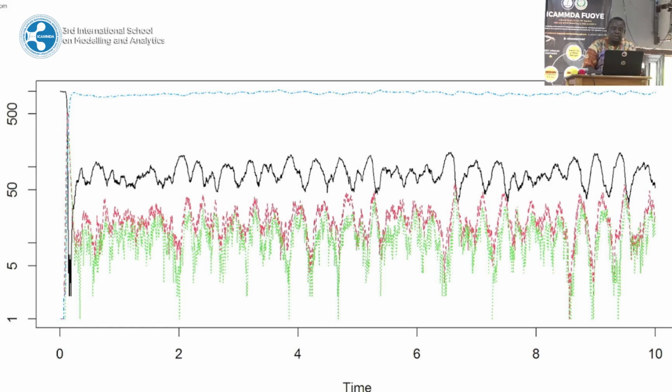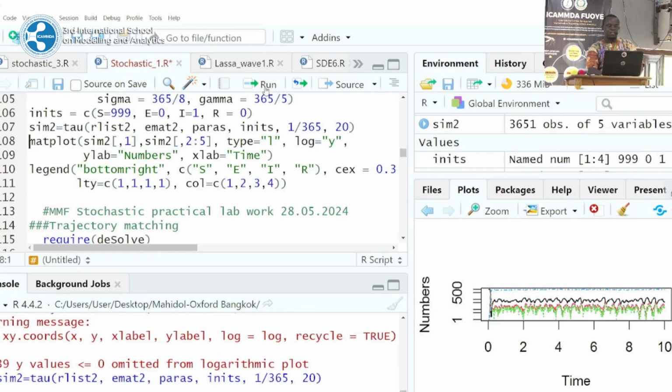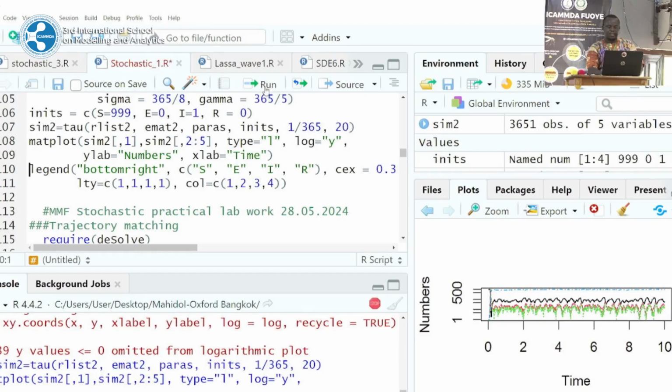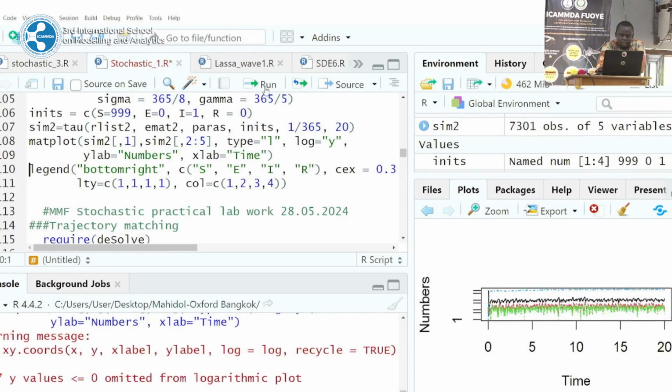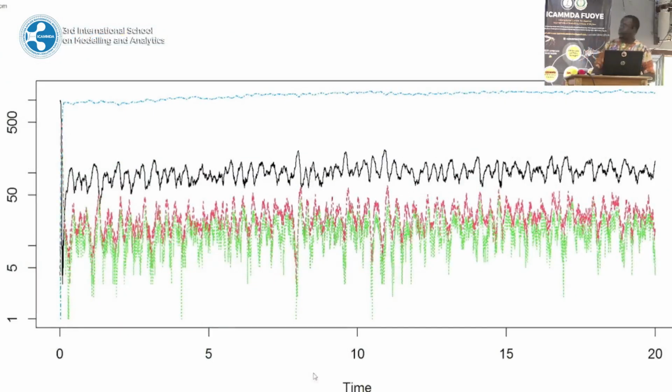Maybe if I decide to increase again, maybe to 20, it takes more time. See the change. Can you see? Changing.